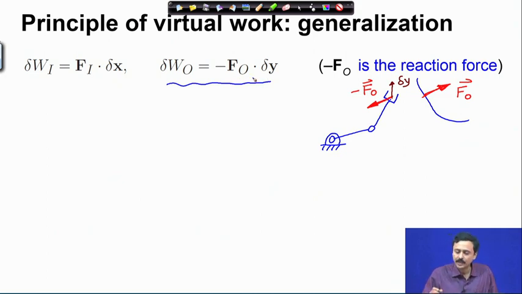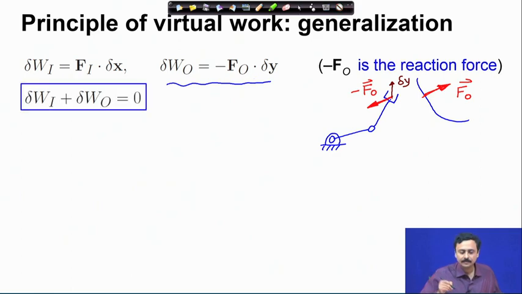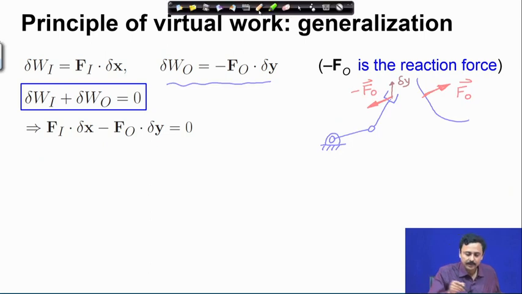So, minus FO is the force experienced by the robot manipulator at the output. FO is the force being given to the external world by the robot, and minus FO is the reaction force. Now, the principle of virtual work states that delta Wi plus delta WO must vanish. So, if I substitute these expressions, I obtain this relation.